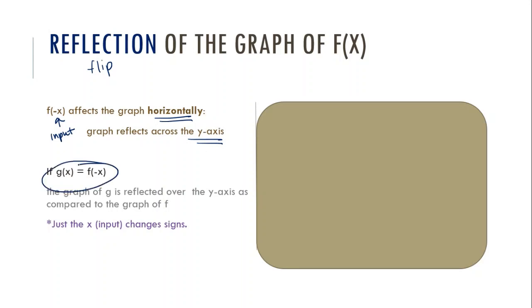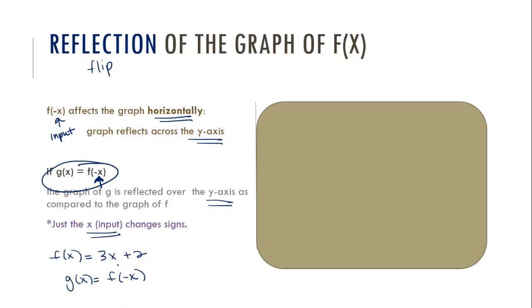So this is my general rule. If g of x equals f of negative x, that's my rule. The graph of g is reflected over the y-axis as compared to the graph of f. So just the x input changes sign. Just the x. So let's say, for example, like you had a function f of x equals 3x plus 2, and then g of x was f of negative x.